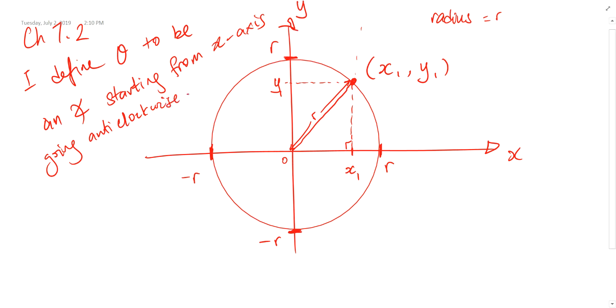It is a definition. It's just a definition. Okay, so what does it mean? Where is my theta in this case? Where does it start from? It starts from the x-axis. I am going to highlight the x-axis over here. It starts from the x-axis and it goes in what direction? Anti-clockwise.